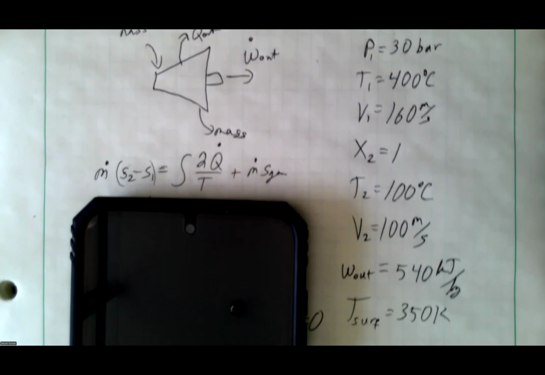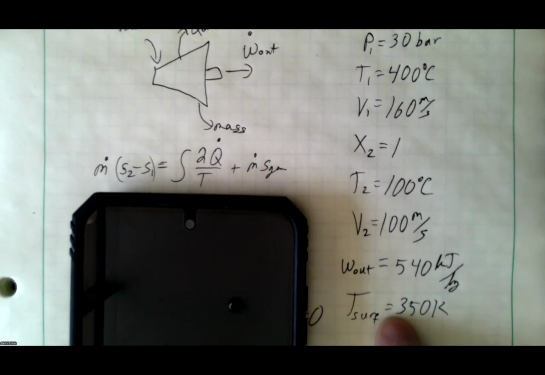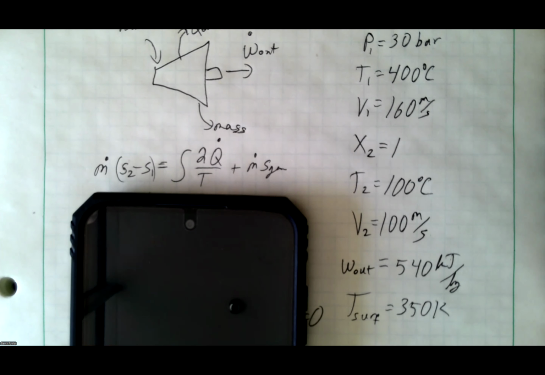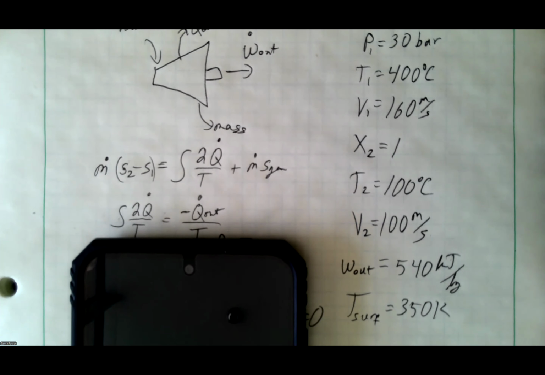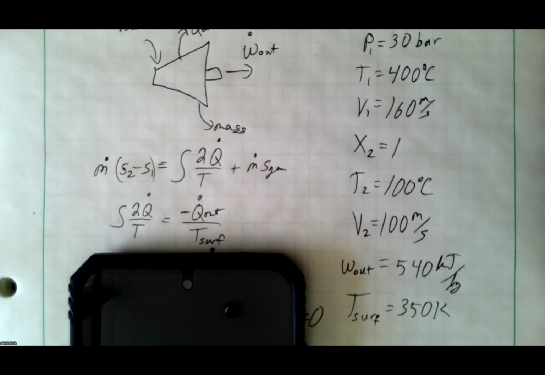Well, what do we know? We know that there's a constant average surface temperature, so I can actually pull that out of this integral. Because that heat transfer is occurring at a constant temperature, and it's going out, it's losing heat, it's minus Q dot out divided by the temperature of the surface.